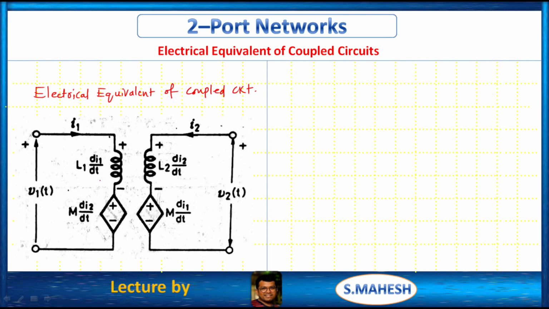In this we have self inductance L1 into di1 by dt, L2 into di2 by dt, M into di2 by dt, M into di1 by dt, because M is the mutual inductance between coil 1 and coil 2.